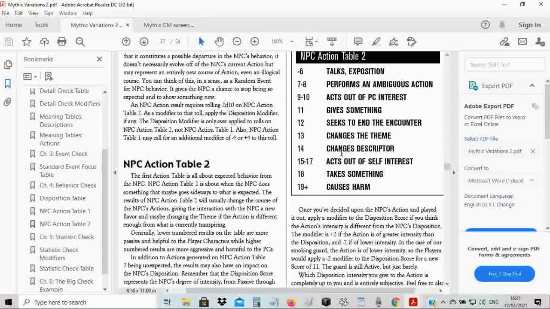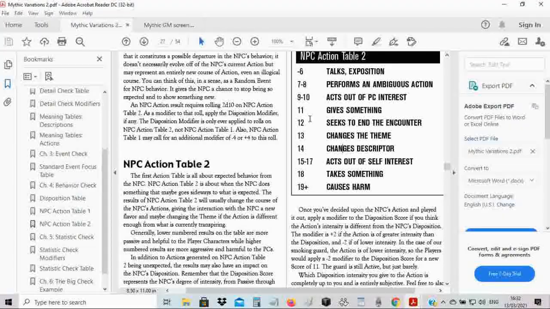Changes the descriptor. Maybe something else happens. Maybe the vampire isn't a vampire at all. Or maybe the vampire isn't evil. Maybe the vampire we're hunting is actually good, and there's another vampire in the area that's actually the evil one. Makes sense now?